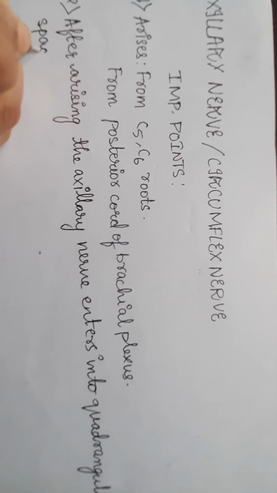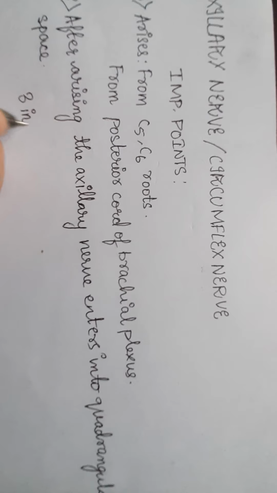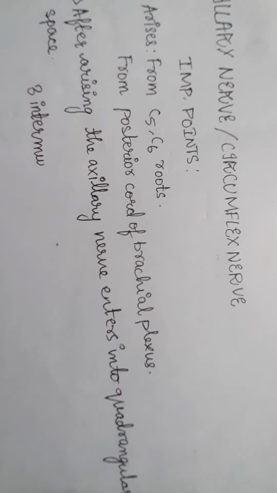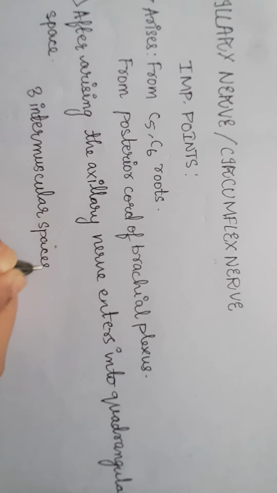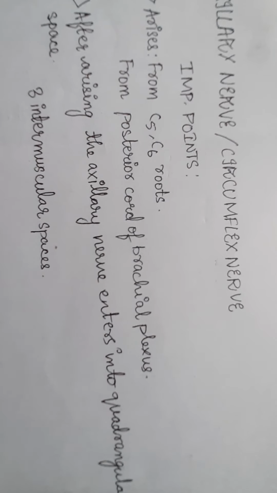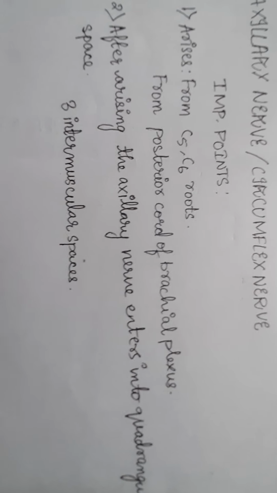As we know, we have three intermuscular spaces. First one is the upper triangular space, second one is the lower triangular space, and third one is the quadrangular space. We are going to make separate videos on these intermuscular spaces in my coming videos. So the axillary nerve is the content of the quadrangular space.